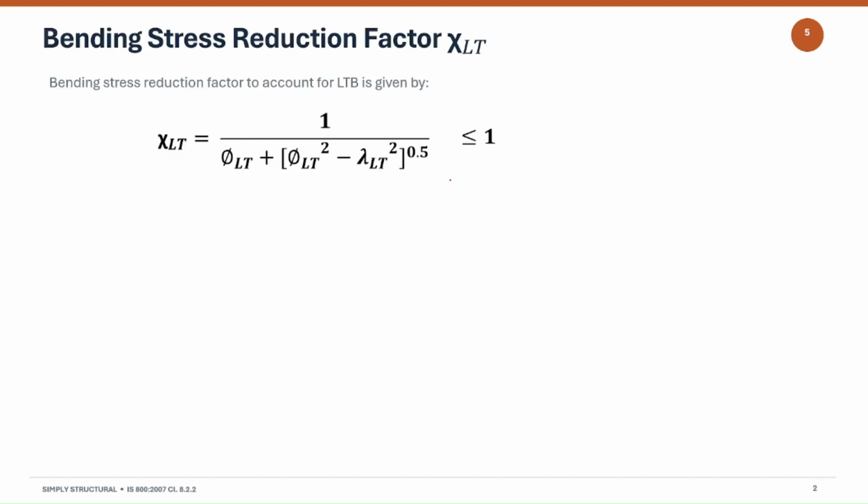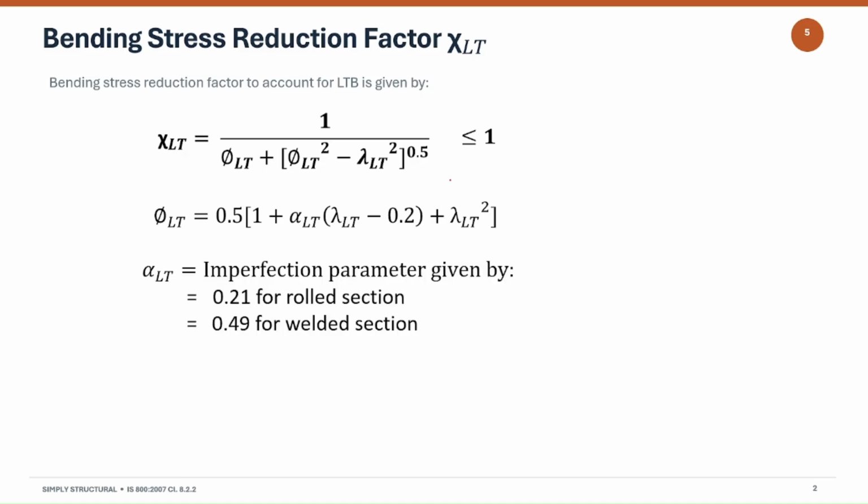Now let's see how to calculate this bending stress reduction factor χLT. As per the code, the value of χLT is given by this formula. Here φLT is given by this formula, and αLT, the imperfection factor, is given by the code as 0.21 for rolled sections and 0.49 for welded sections.